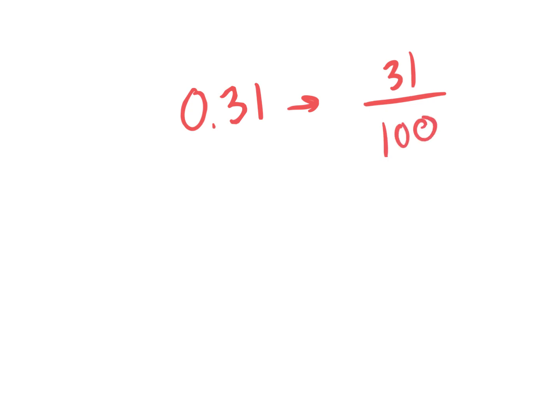Why is that? Because there's 2 spots, so that's 2 zeros. Or how would you actually read this decimal? If this is the 10th position, this is a 100th position, you would read it as 31 hundredths, which is exactly this. And if I asked you to change this to a percent, it's already per 100, so this would be 31%.